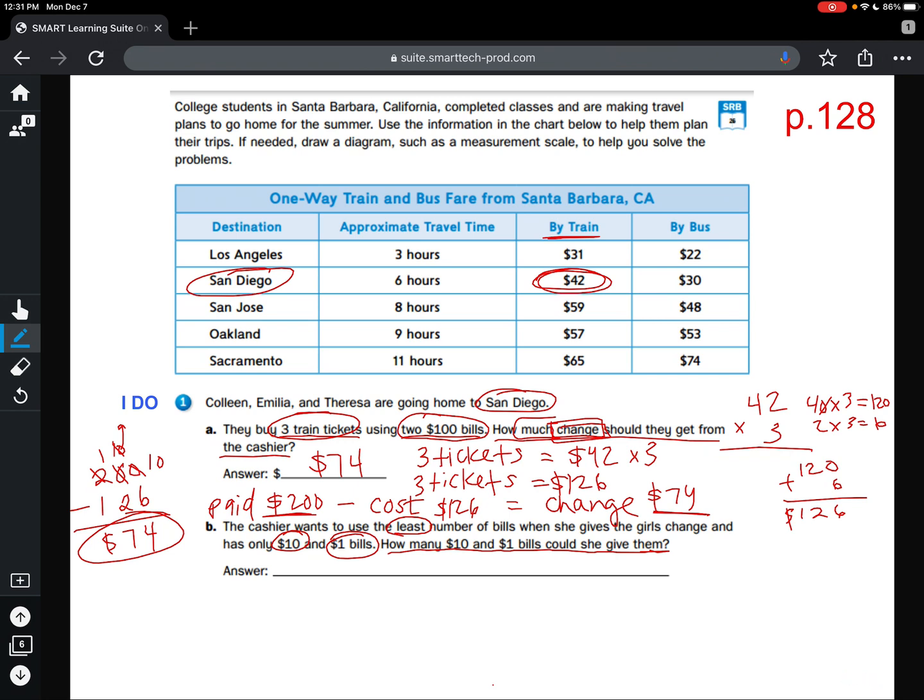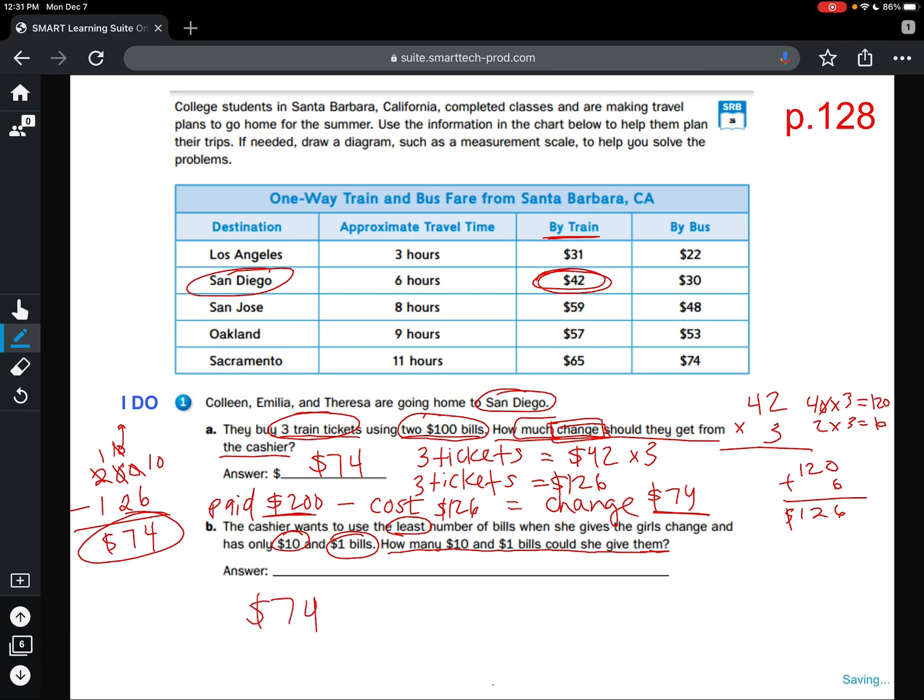So she's basically saying, I don't want to give them 74 ones. That'd be a lot of change, a lot of dollar bills, wouldn't it? 74 ones. So we need to find the way that the cashier can give the least number of bills back that equals $74.